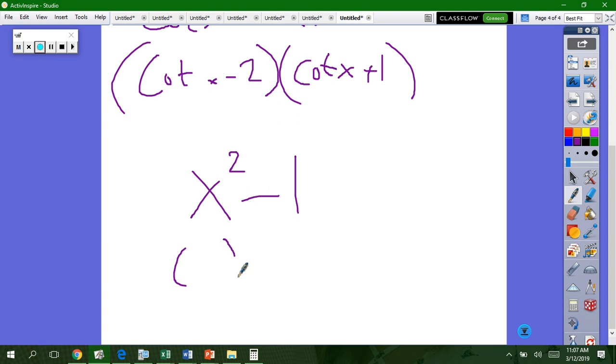Anybody remember? What is that called? Let's make that a 4 so it's easy. Conjugate pairs. Difference of squares go into conjugate pairs. You might need to use that today in your homework or your test.